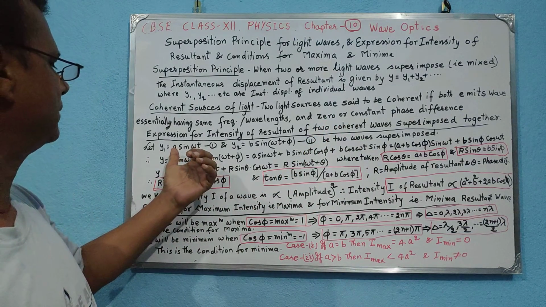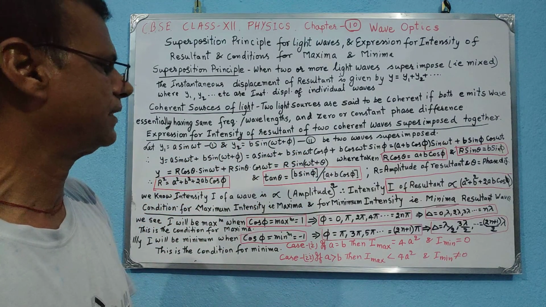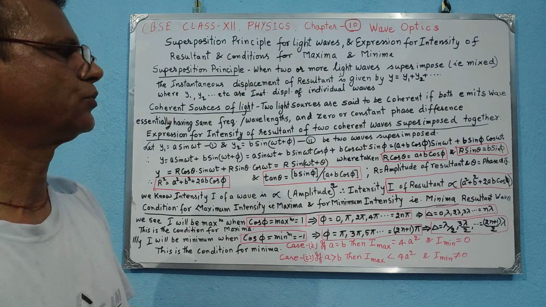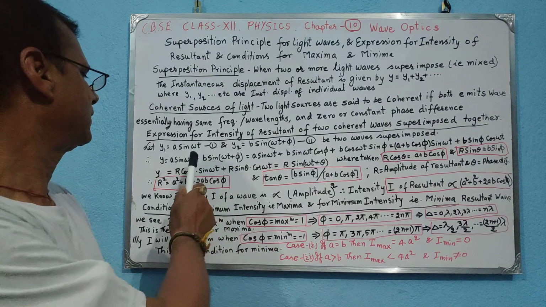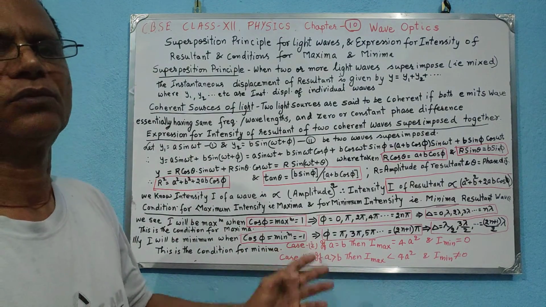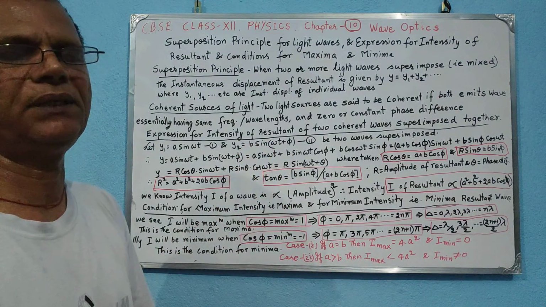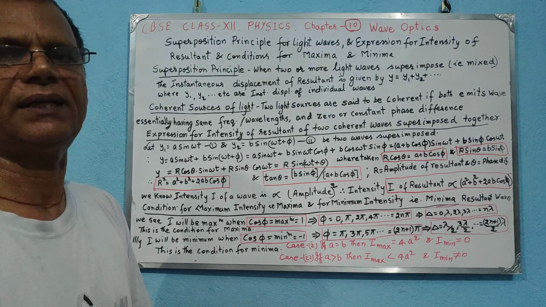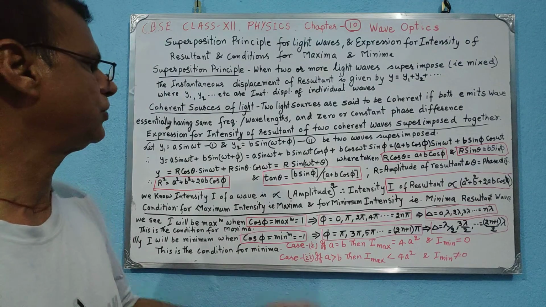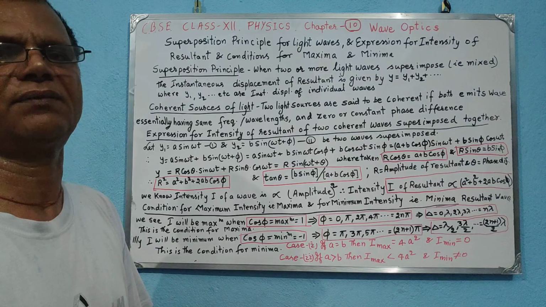Now we intend to find the expression for the resultant wave obtained due to superposition of two waves. Say y1 is expressed by a sin omega t, and y2, the other wave being superimposed, is expressed by b sin(omega t plus phi), where a is the amplitude of the first wave, b is the amplitude of the second wave, and phi is the phase difference between the first wave and the second wave.